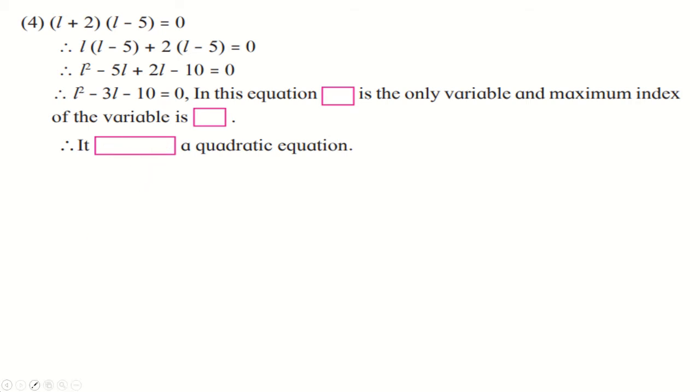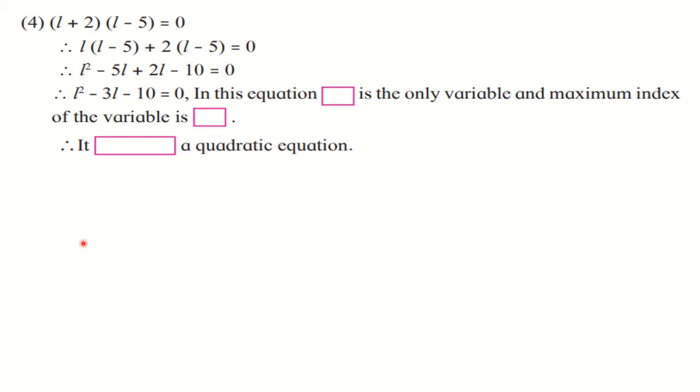So whenever you want to check whether an equation is quadratic or not, you have to think of two conditions. First condition is what? It should contain one variable, and the second condition is that the maximum index of the equation is 2. 2 as an index should be present there.